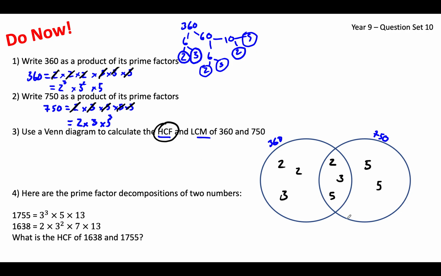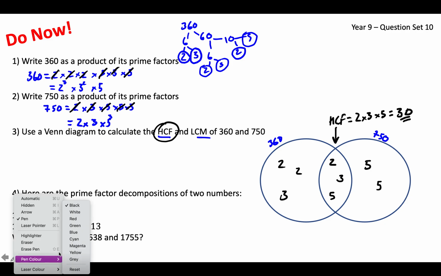Highest common factor, that's something that divides something else. That comes from the ones in the center, and you multiply those ones together. 2 times 3, which is 6, times 5 is 30. So the highest common factor, the biggest number that divides both of these, is 30.